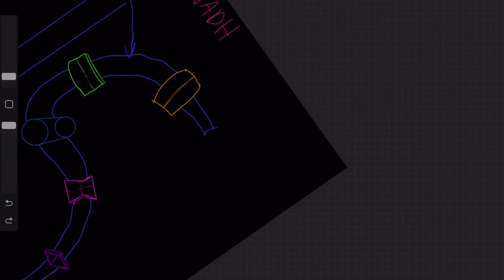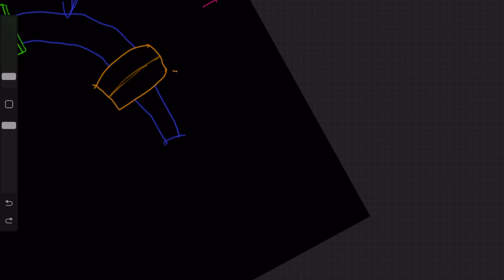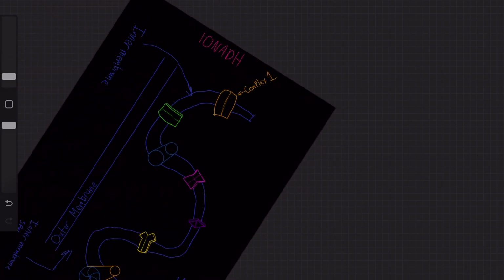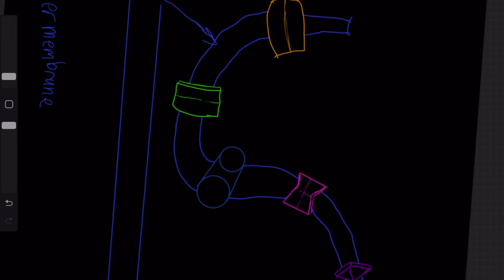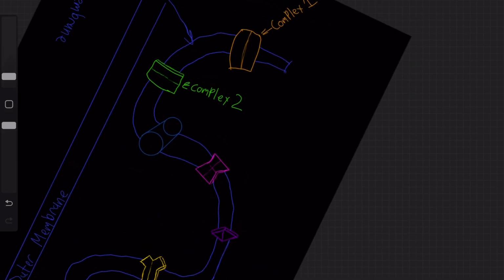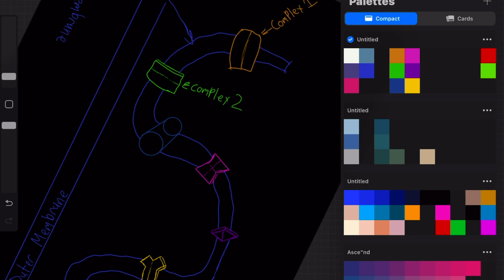This is going to be called complex 1, this guy here. I'll use numbers. This guy is going to be called, can you guess it? Complex 2. And then you have a complex 3.